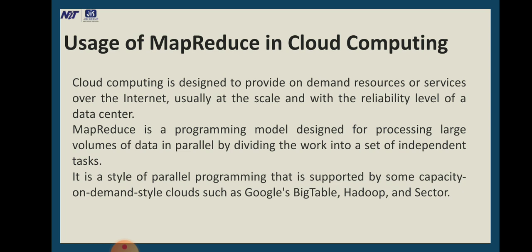MapReduce programs are designed to compute large volumes of data in a parallel fashion. This requires dividing the workload across a large number of machines. Hadoop provides a systematic way to implement the programming paradigm. The computation takes a set of input key value pairs and produces a set of output key value pairs.